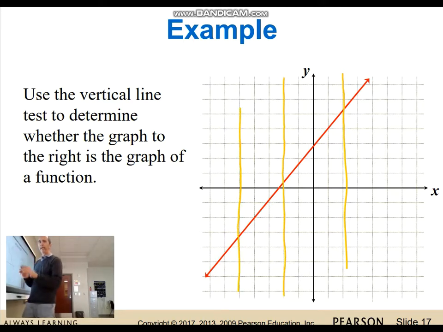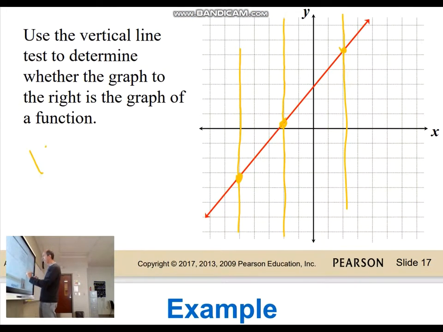If we cannot find any vertical line that intersects the graph in more than one point, that means this graph is a function, because for each x there is only one y. So yes, it is a function.